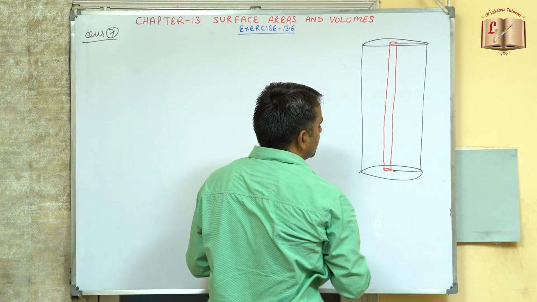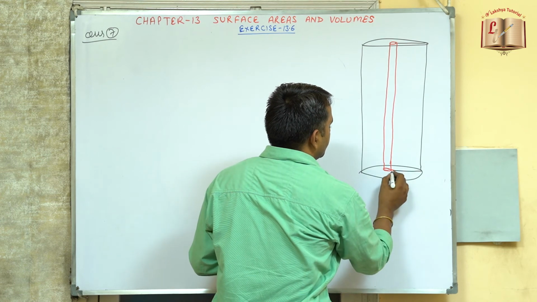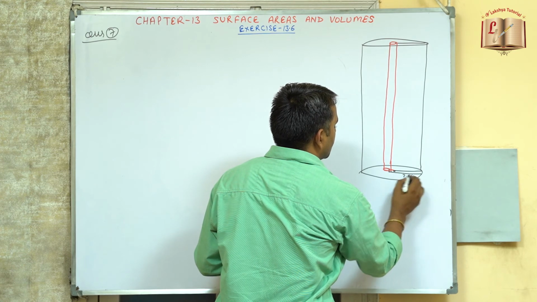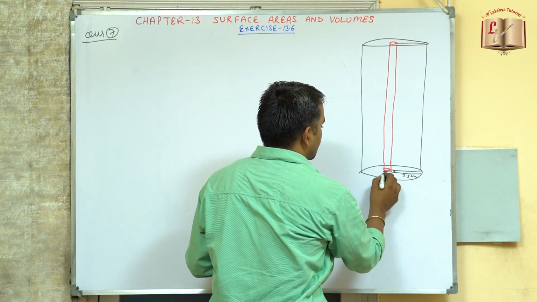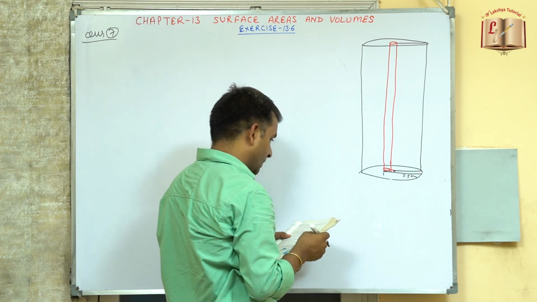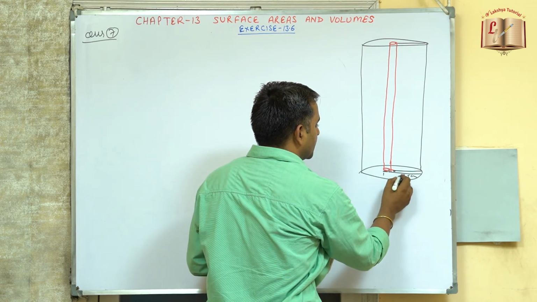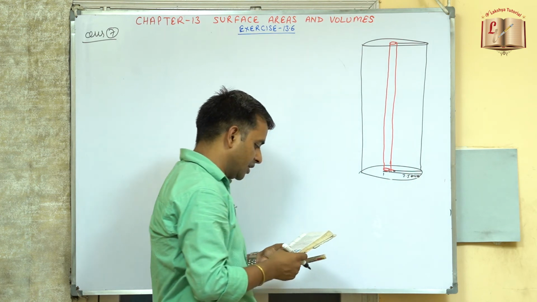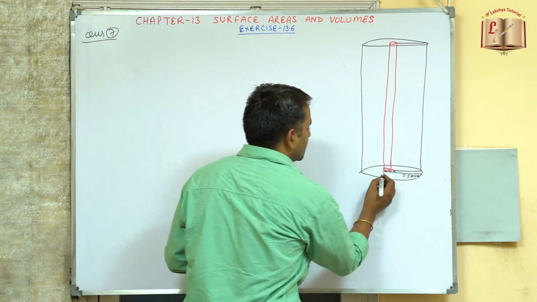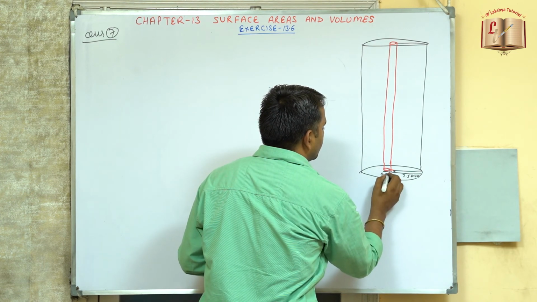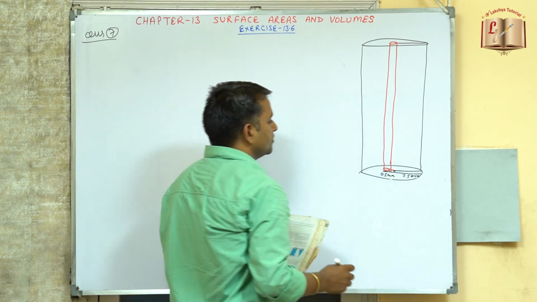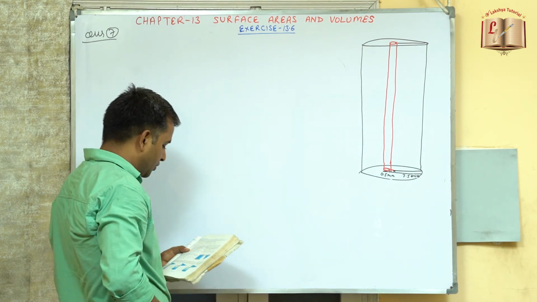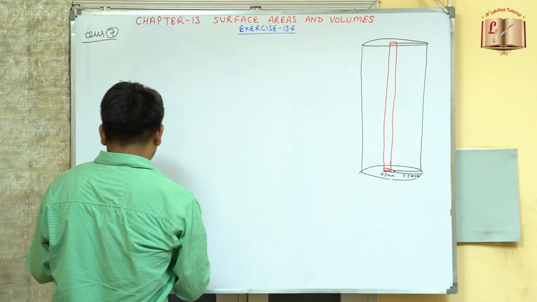So diameter of the pencil is given to us as 7 mm, so the radius will be 3.5 mm, and the diameter of the graphite is given as 1 mm. So this will be now 0.5 mm. Now we need to find out the volume of the wood and the graphite separately.